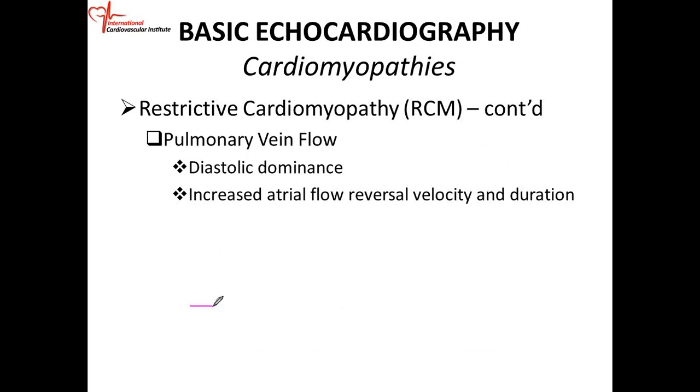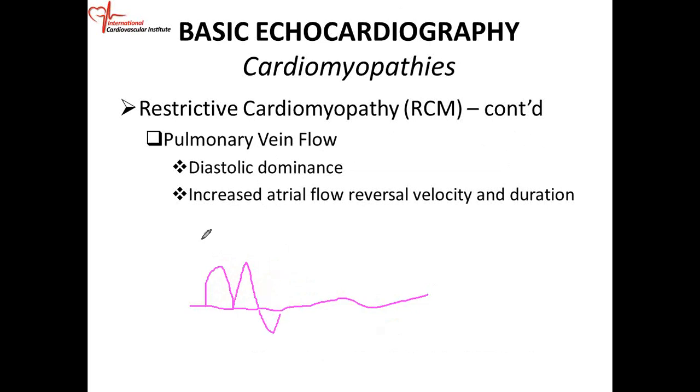If we're just going to draw, this is our baseline. In your normal pulmonary vein flow, you have a systolic component, then a diastolic component, and then the atrial reversal.